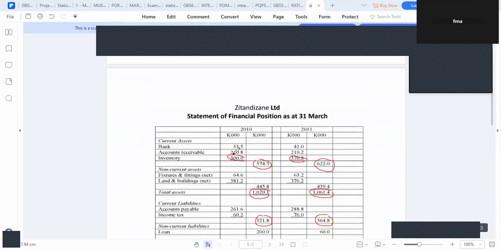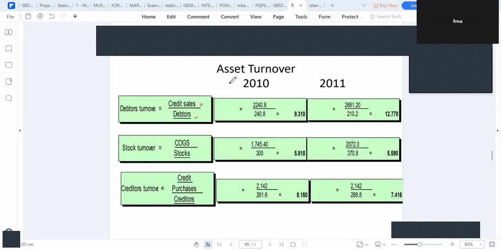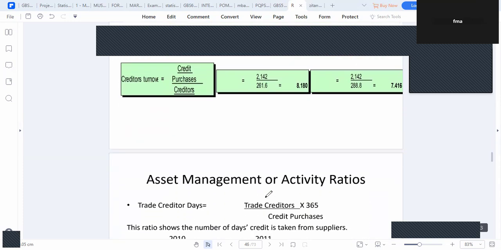So this is 240 and 210. I'm showing you where they are because sometimes you have a problem. Remember, the bigger the turnover, the shorter the period. So this is showing which one is performing better and which one is performing badly. From the notes, I explained all that. All right, can we proceed?